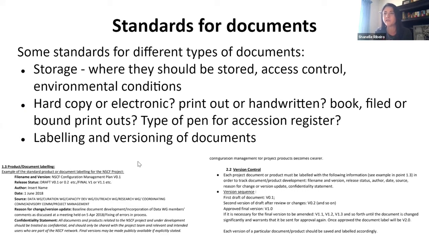Is it a draft? Is it a final? You'll have the author name, the date that it was created, the source, for example, data working group, or it came from the research working group or the advisory committee. And then if there's a change to the document, the reason for change or version updates, and if you need to include a confidentiality statement.